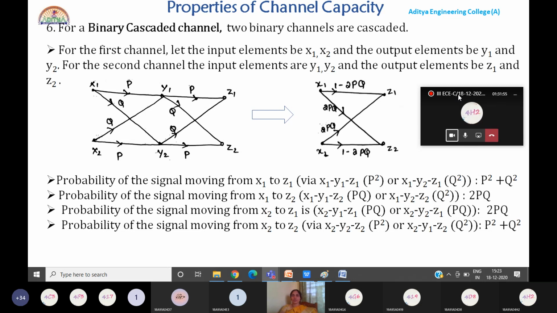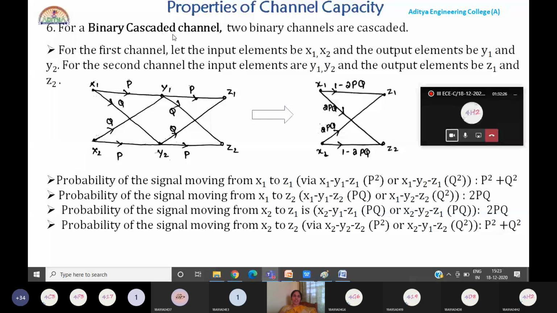So at M is equal to N is equal to 2, and symmetric, either the row elements or the column elements are independently identical. And fifth property is binary non-symmetric channel. Because it is non-symmetrical, we have introduced two variables q1 and q2 such that pq is equal to minus h, and you can obtain channel capacity C as log of 2 power q1 plus 2 power q2.